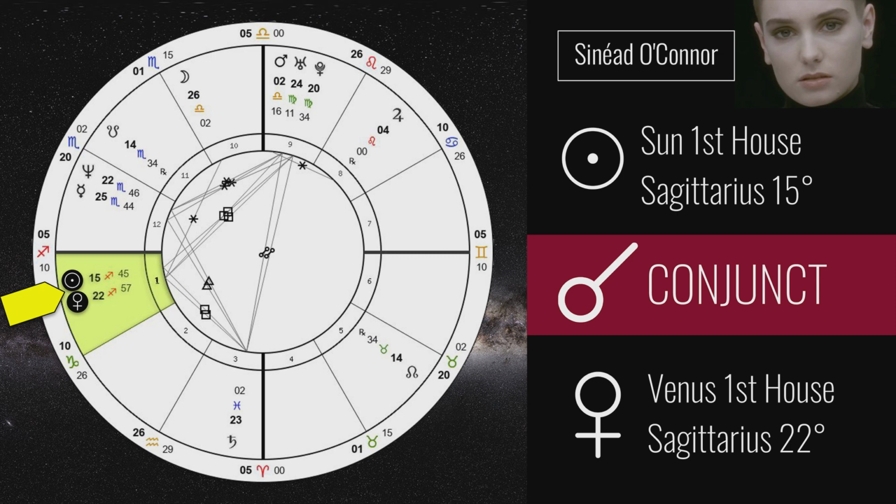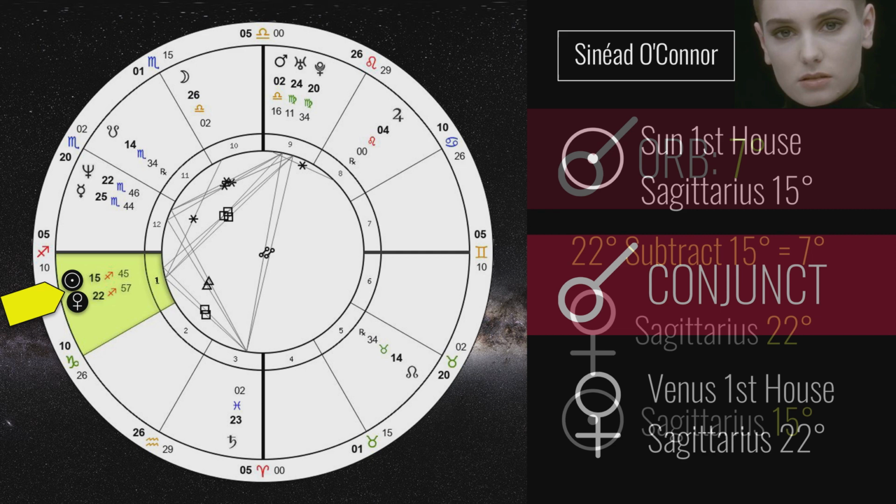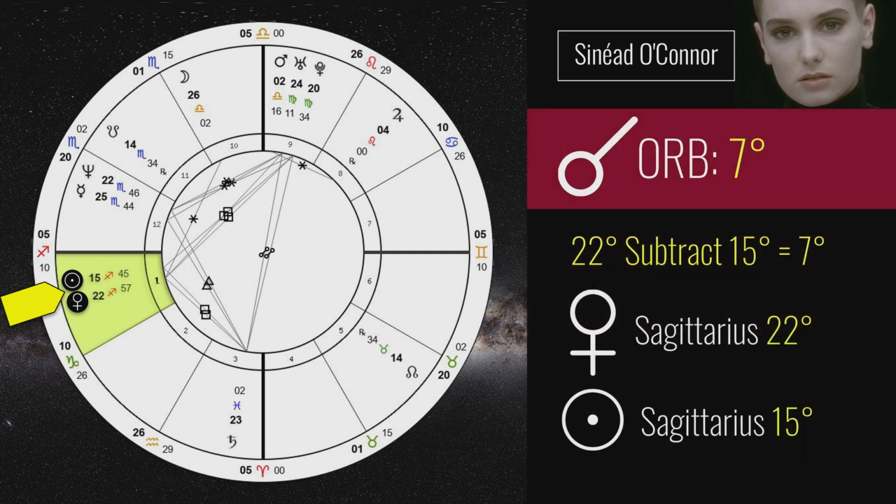So that term, which is referring to the amount of degrees being allowed for it to still be considered a proper aspect, is referred to as an orb. And so different websites and different astrologers use different orbs, or a number of degrees from which they would still consider an aspect legitimate or proper.